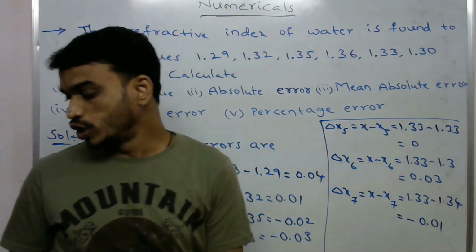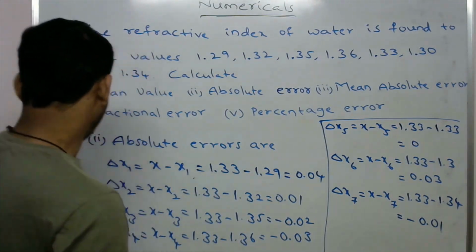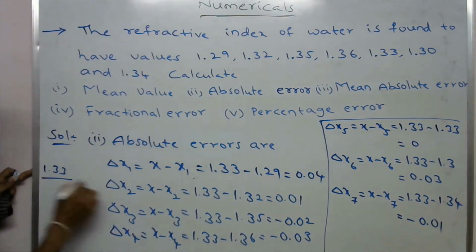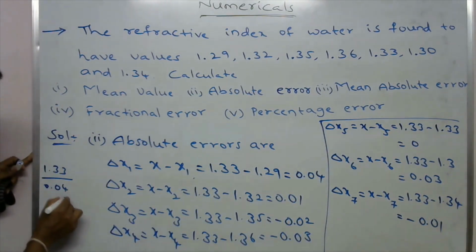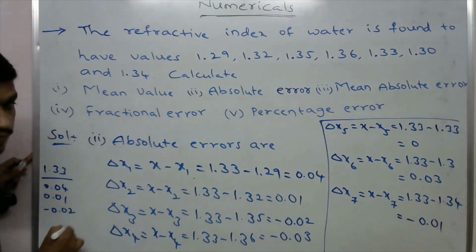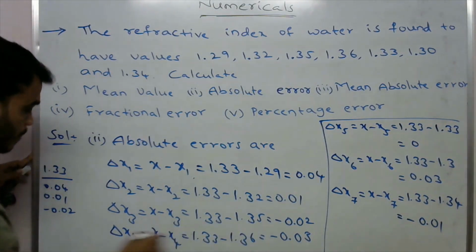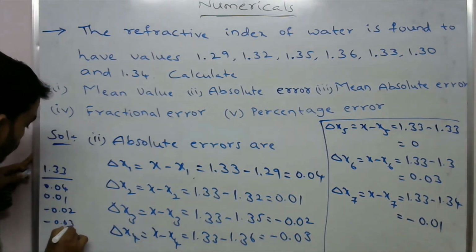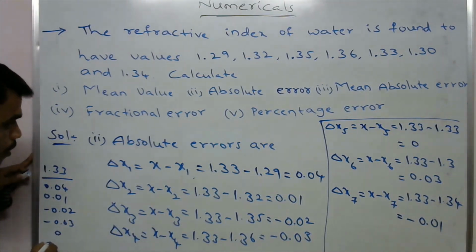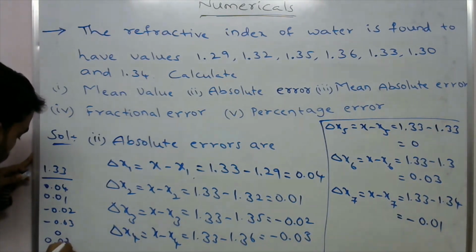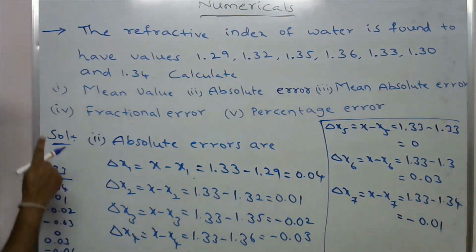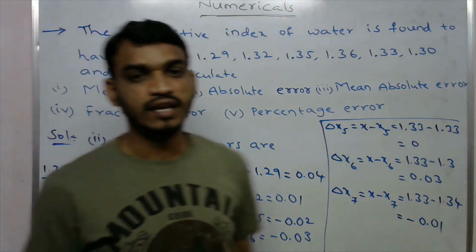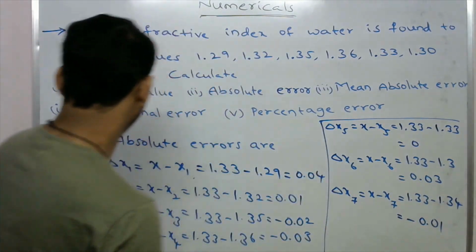So I will write the values beside this: 0.04, 0.01, minus 0.02, minus 0.03, 0, 0.03, minus 0.01. These are the seven absolute error values.